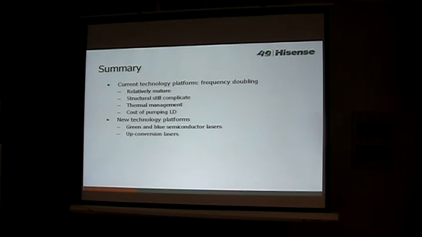Because again, this is a process involving many particles. In principle, this many-particle process may not be as efficient as a direct photon and electron process. So this is one of the reasons upconversion lasers probably won't be as good as this fiber platform.